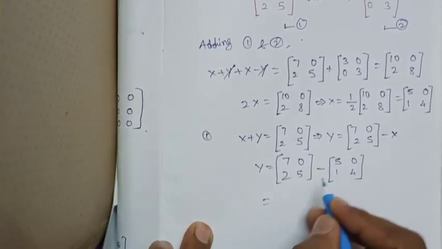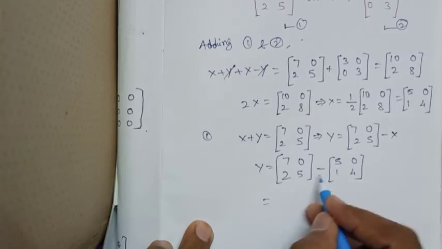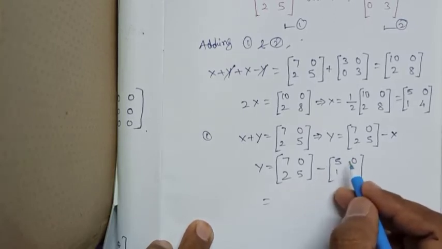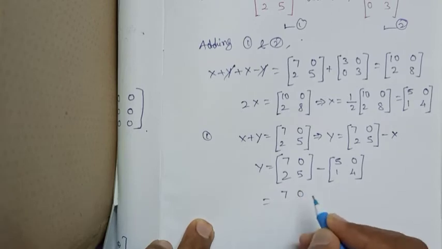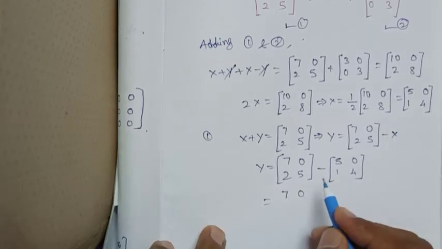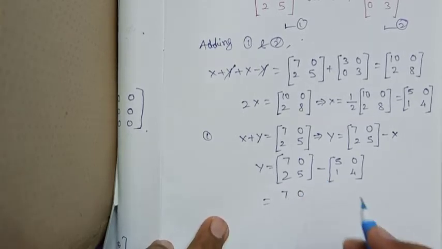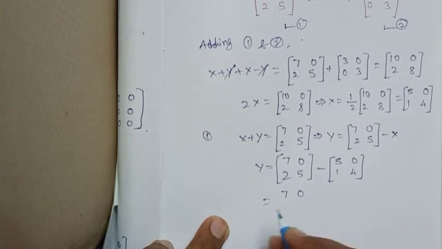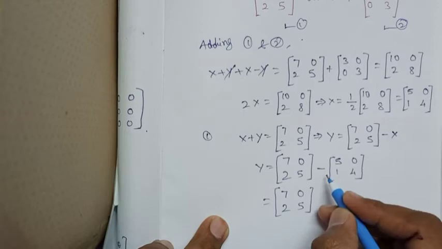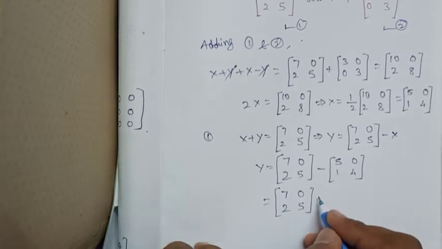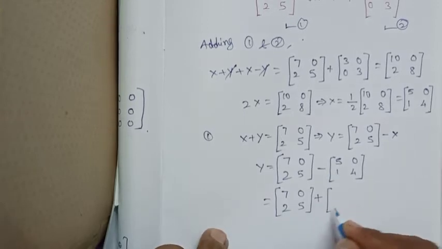Now subtract the values. Before that, one step, multiply minus 1 inside. That is very easy. You can avoid sign mistakes. So that is why I use this method. 7, 0, 2, 5 minus, you multiply minus inside, so the sign should be changed to plus.